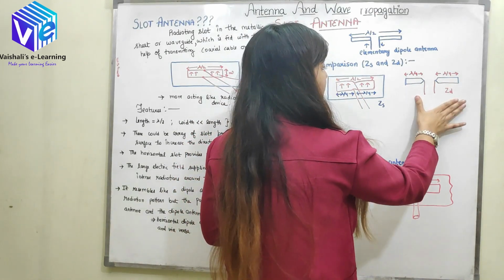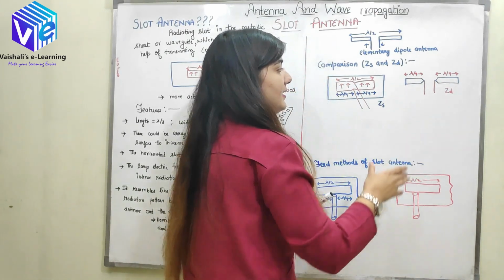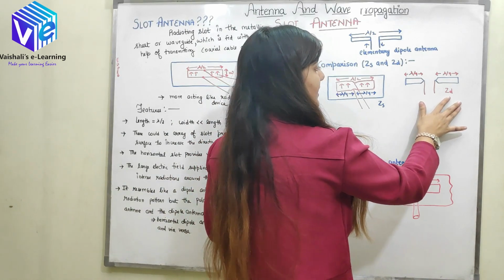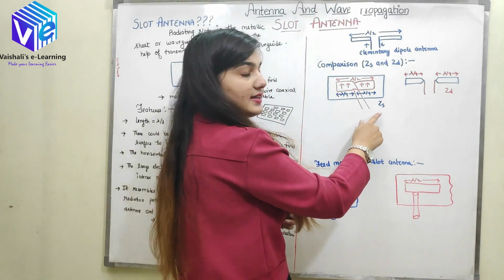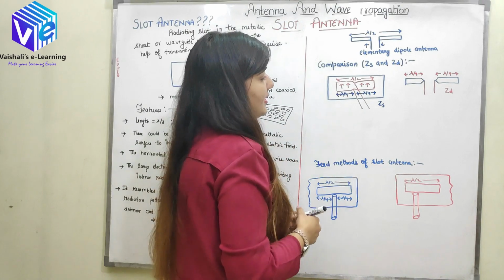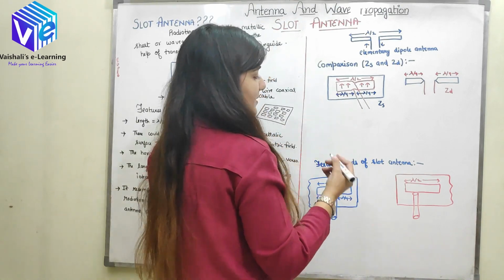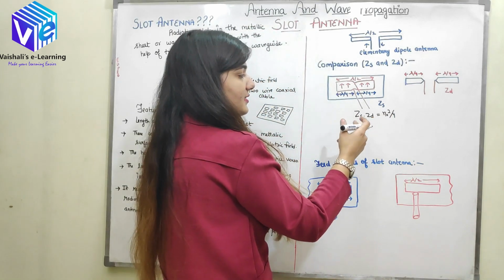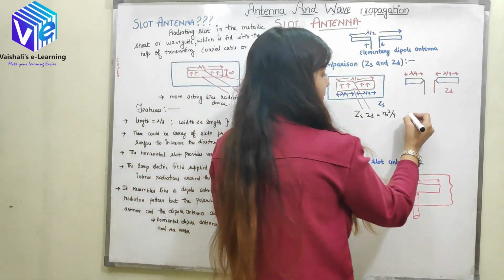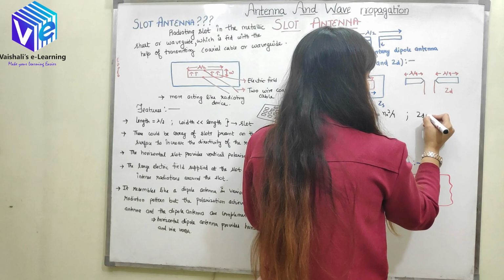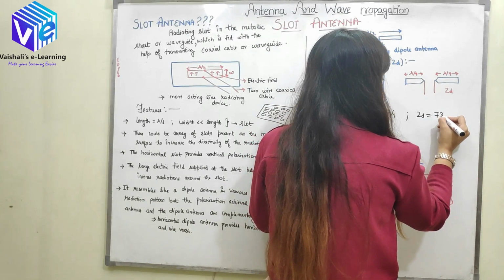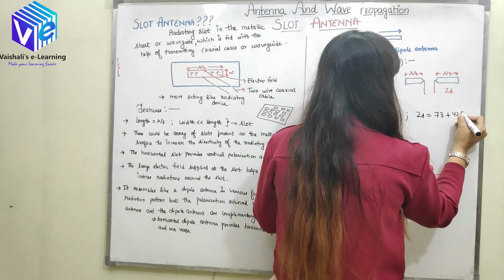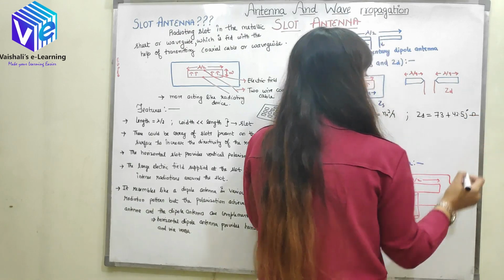So its complementary form is the dipole antenna, and ZD represents the impedance of dipole antenna, ZS represents the impedance of slot antenna. According to Babinet's principle, as I said, ZS into ZD is equal to eta square upon 4. I know that ZD is nearly equal to 73 plus 42.5 j ohm.